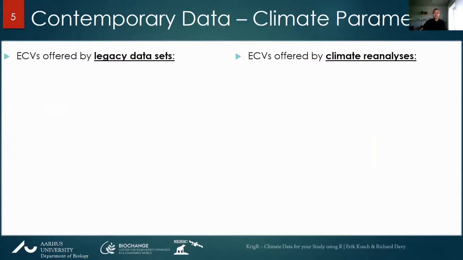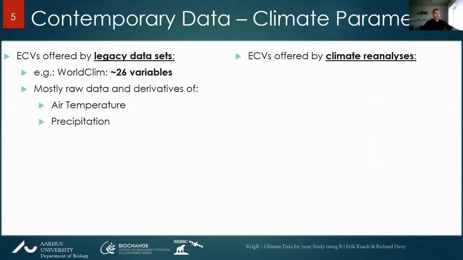When we then look at how complex our datasets need to be, when we look at the ECVs we get from legacy datasets, such as gridded observations like WorldClim or KrigR, we get from WorldClim, which is one of the bigger ones, roughly 26 variables, where most of these are the raw data or derivatives of air temperature and precipitation.